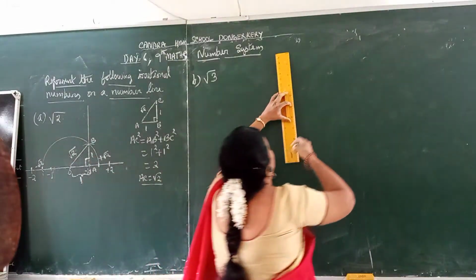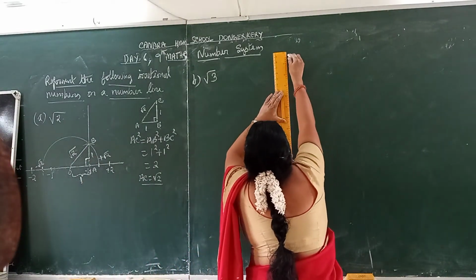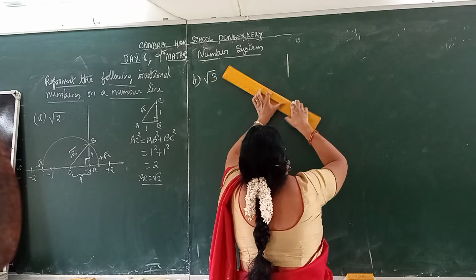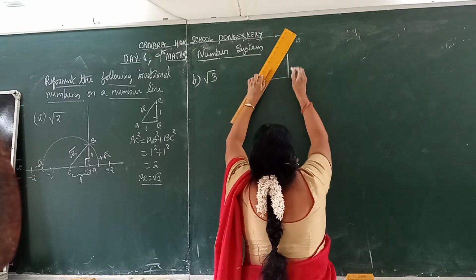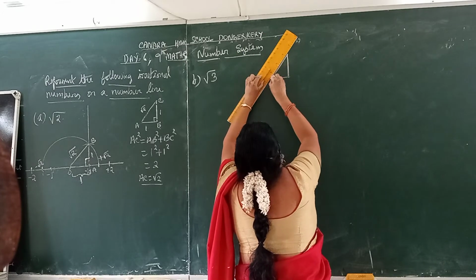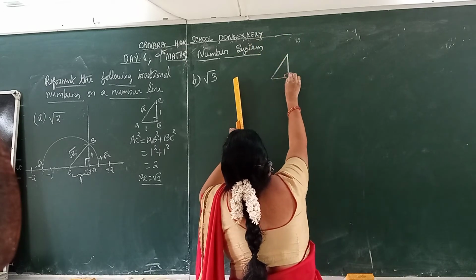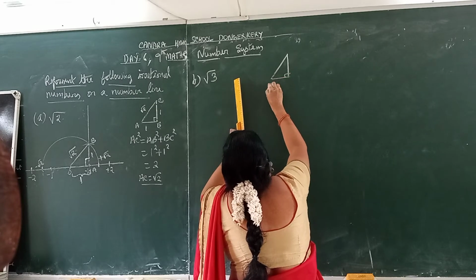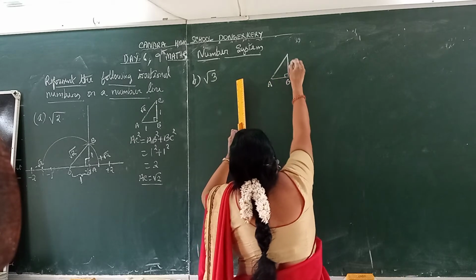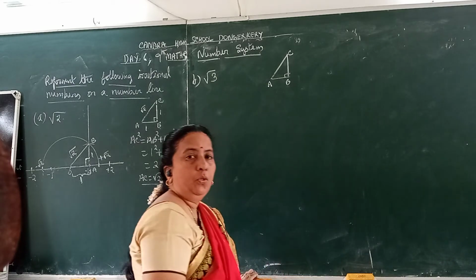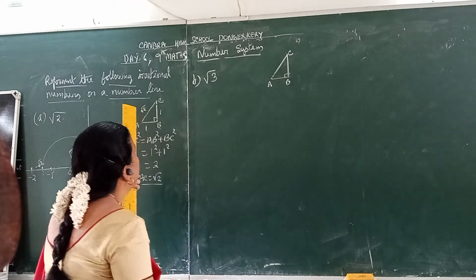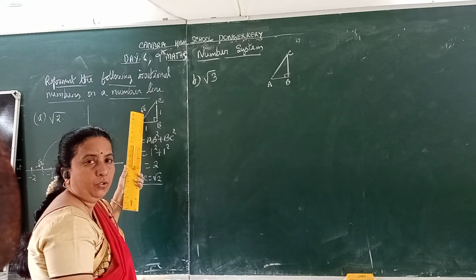Now, draw the right angle triangle. To get root 2, the hypotenuse should be root 2.